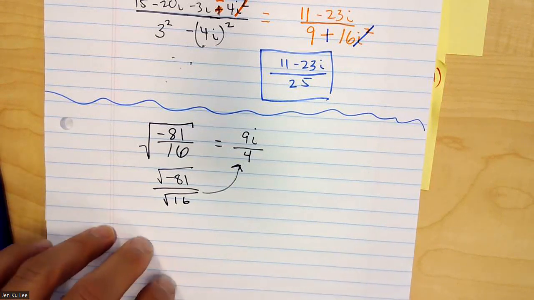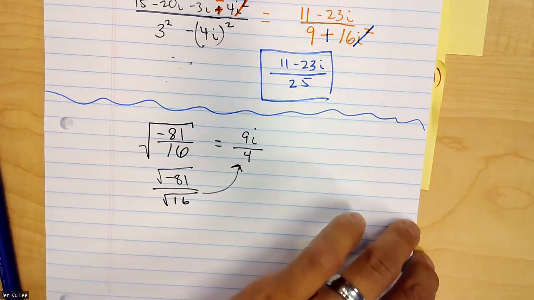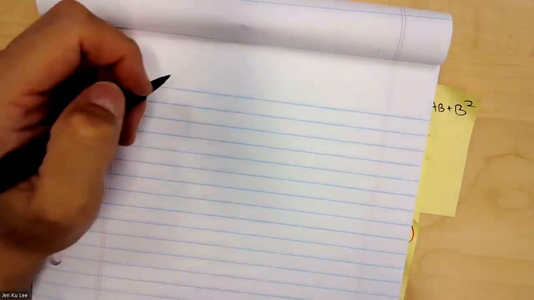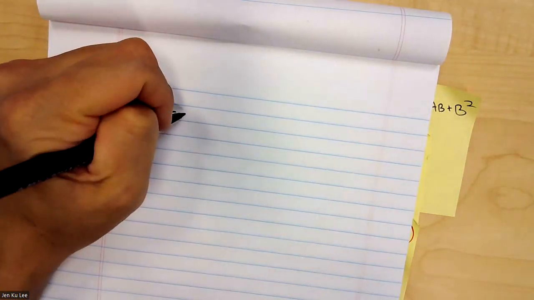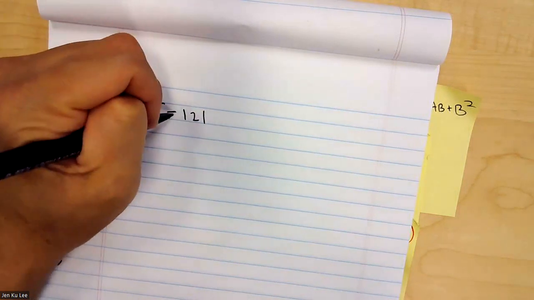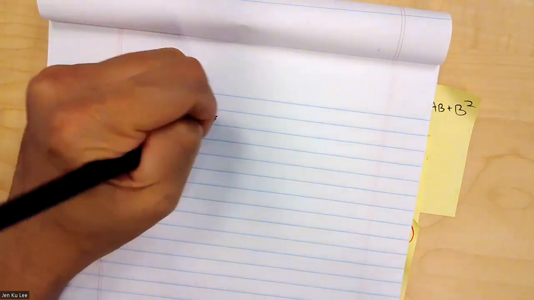Alright, now we have to focus on solving equations. Let's actually just do this one first. Let's do x squared plus 121 equals 0.